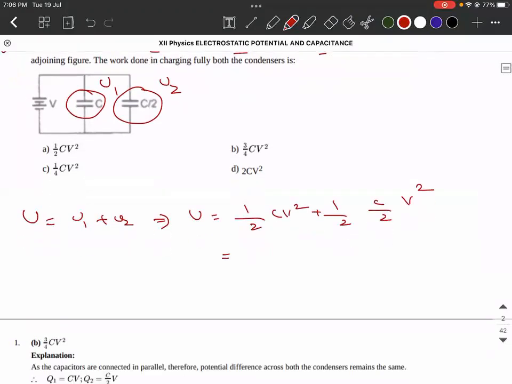That will give me 3 by 4 CV square. So 3 by 4 CV square is the answer.